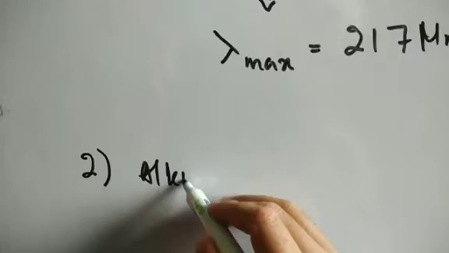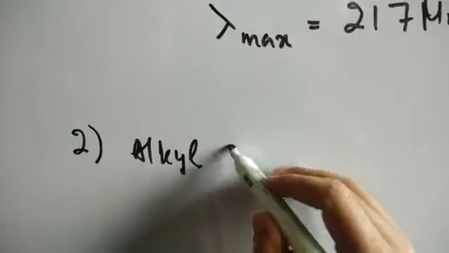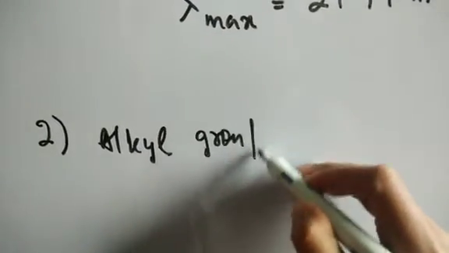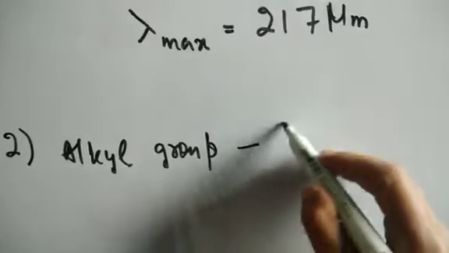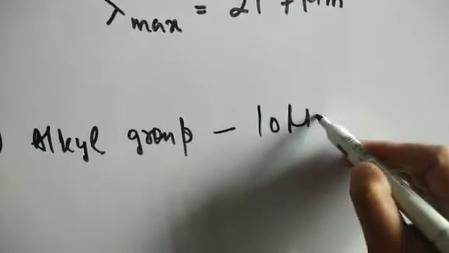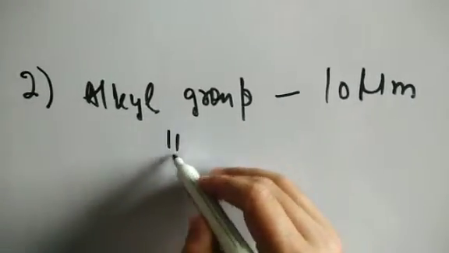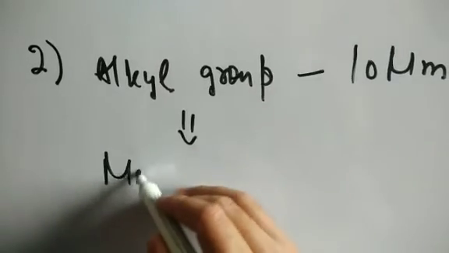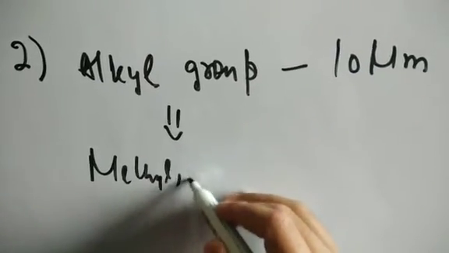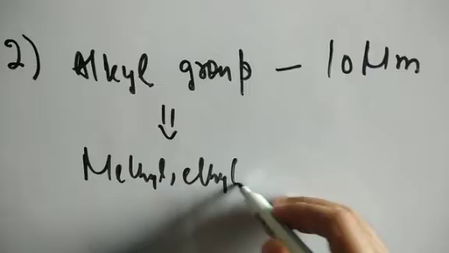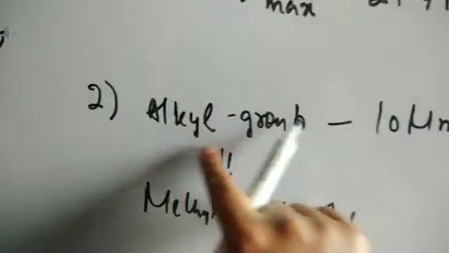It can be methyl, ethyl, propyl and so on. Alkyl group will contribute 10 micrometer.